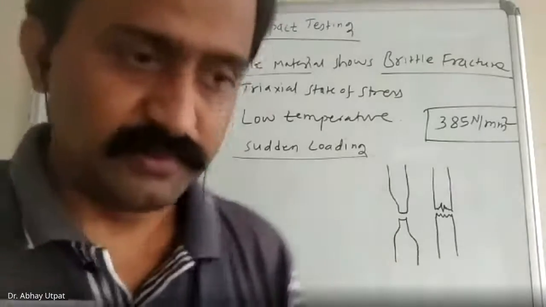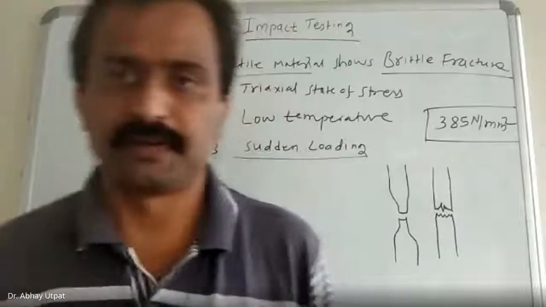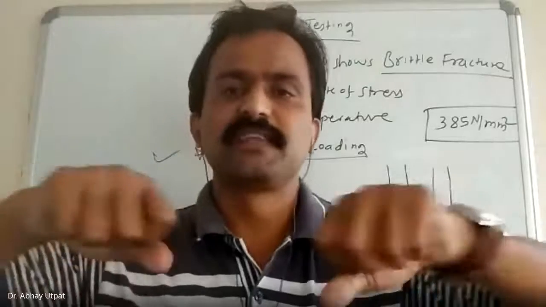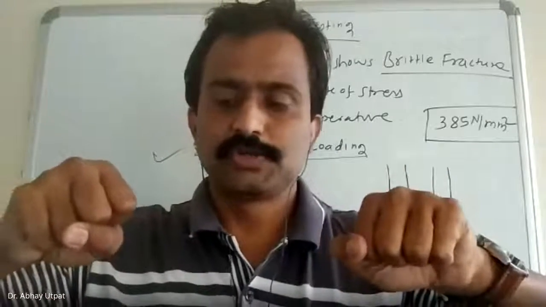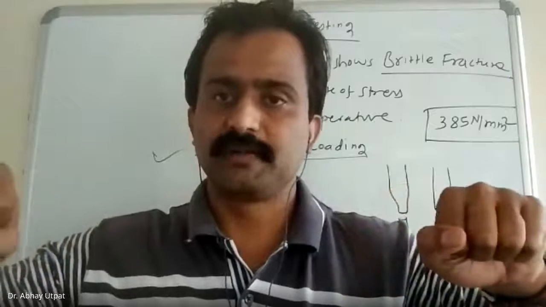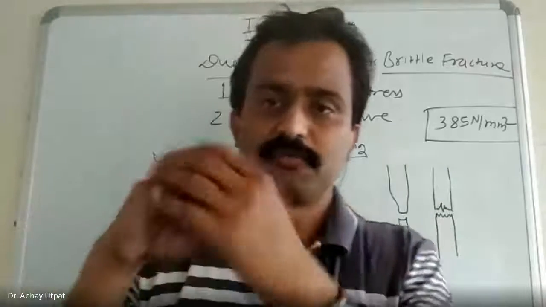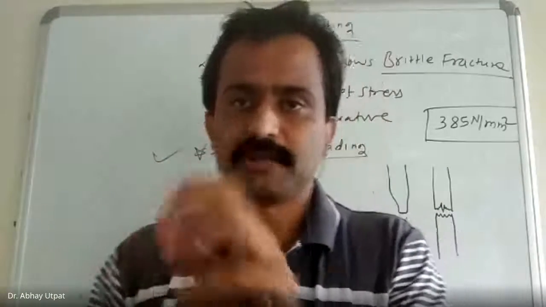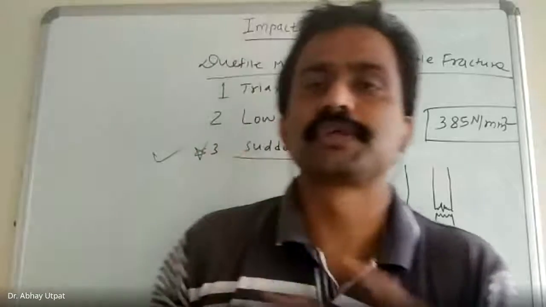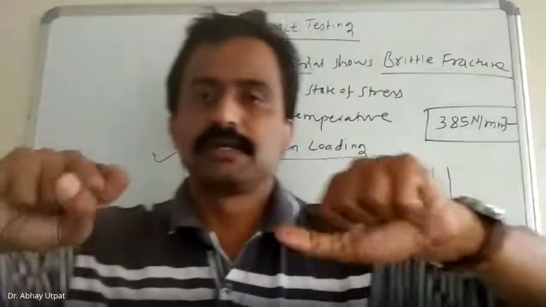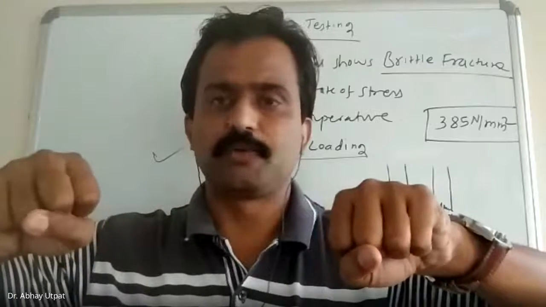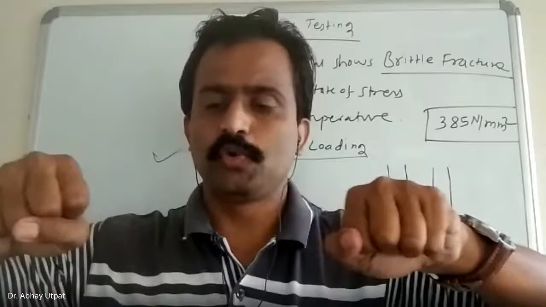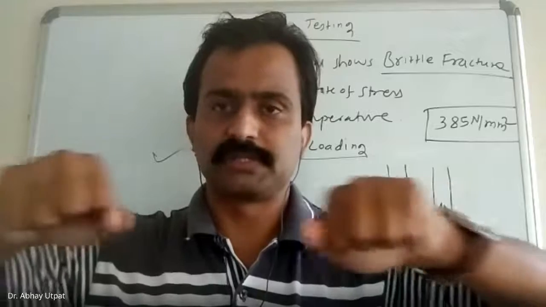Once again, you can do the experiment. Take one thin wire, hold it in your hand and slowly extend. Now for safety precautions, wear gloves, otherwise there may be injury in your hand or fingers. Hold it, take some sufficient length, 100 mm, and slowly apply the force.